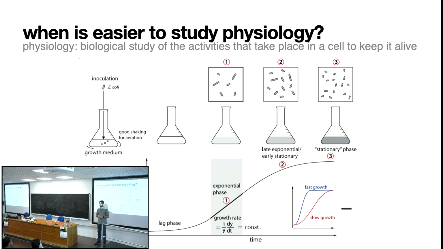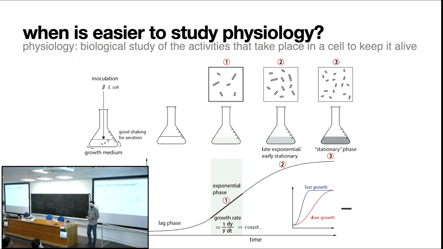I think it's the exponential phase because there you have the conditions which are most similar to a natural environment. Okay, so this is also interesting. So you said the exponential because this is where typically you expect the natural environment, where mostly they are happy, they are not feeling the effect of the small environment you put them in, which is what happens in the stationary phase, where you may have limited nutrients.